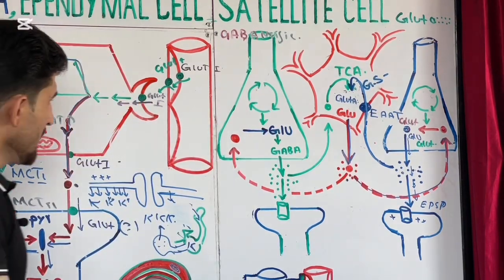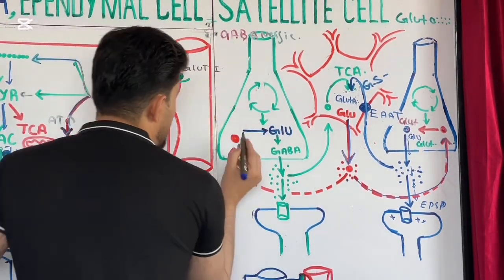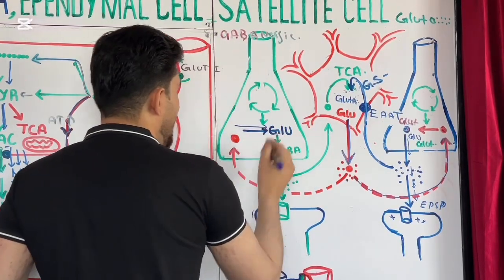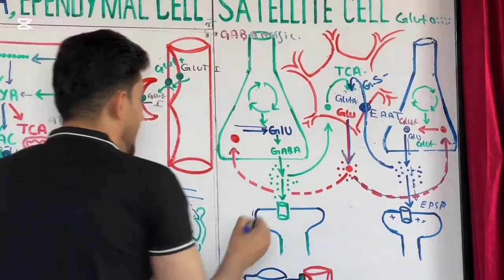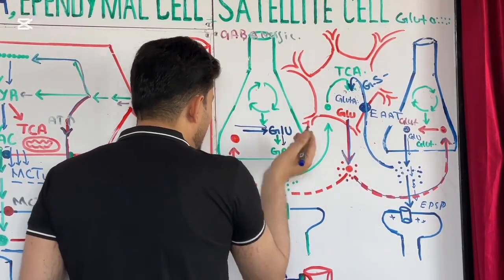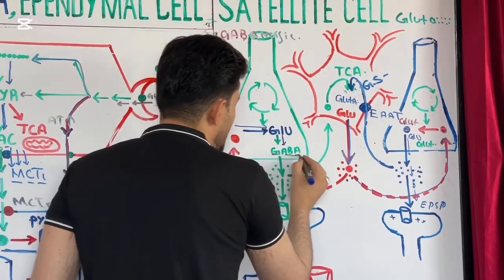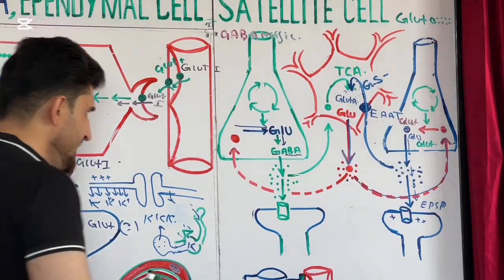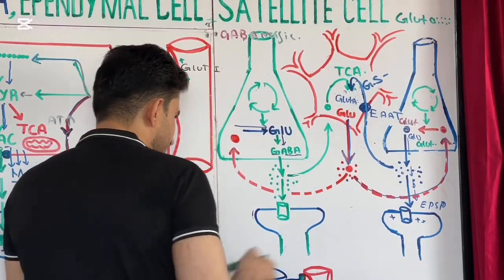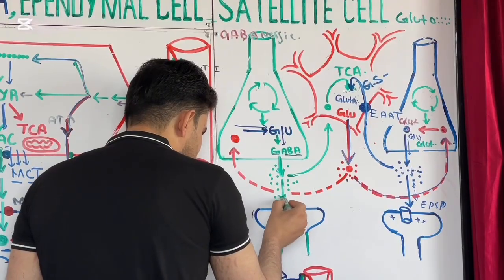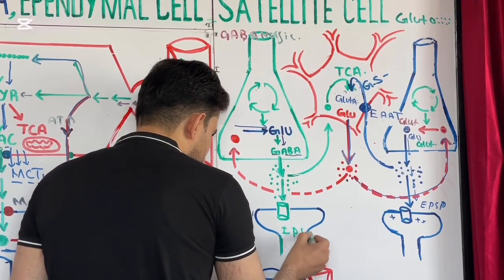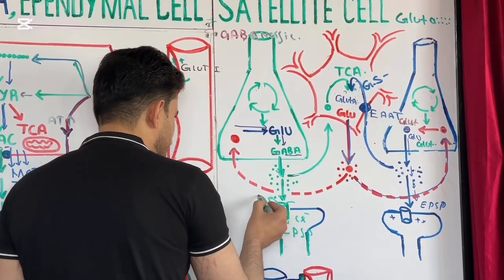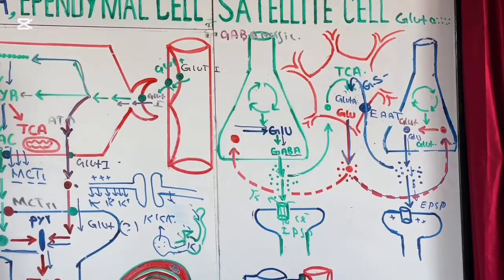Now this glutamine will be converted, and then by the help of the TCA cycle it will be converted to GABA, gamma amino butyric acid, and this GABA is released and acts as an IPSP. For example, they will open the chlorine channel, chlorine will come inside through this channel, and potassium will go outside, causing inhibition of this postsynaptic membrane.